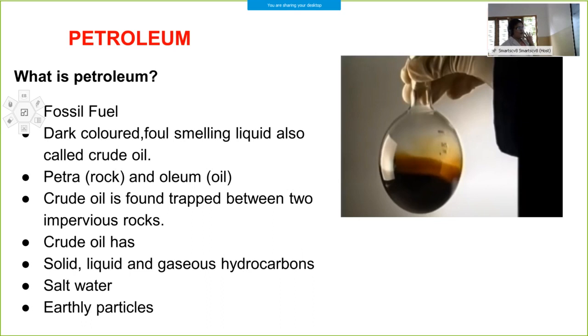Petra means rock and oleum means oil. It is a Latin word meaning oil which is trapped between rocks. So crude oil is found trapped between two impervious rocks. Crude oil has solid, liquid and gaseous hydrocarbons, and it also contains salt water and some earthly particles because it is obtained from the earth's crust.